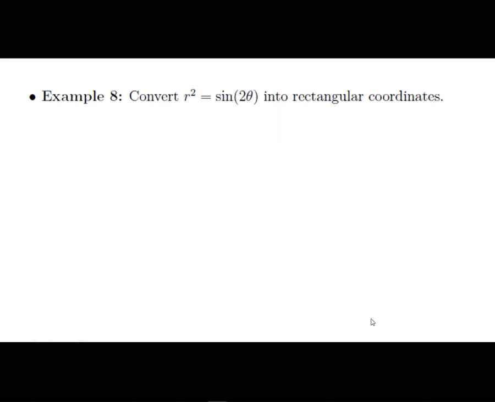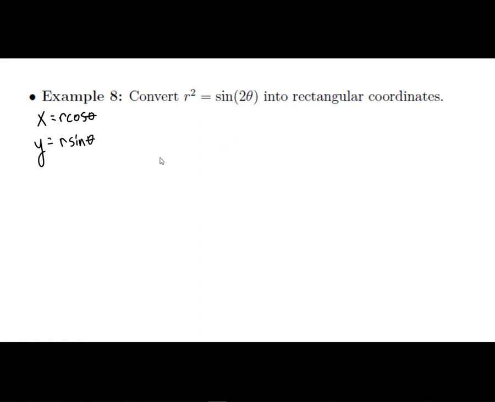Okay, and then lastly, in example 8, it wants us to convert this into rectangular coordinates, so something similar to what we were just looking at. And so we kind of have to do the reverse of the strategy we did before, right? So what I would like to be able to do is to find places where r cosine of theta shows up or where r sine of theta shows up.